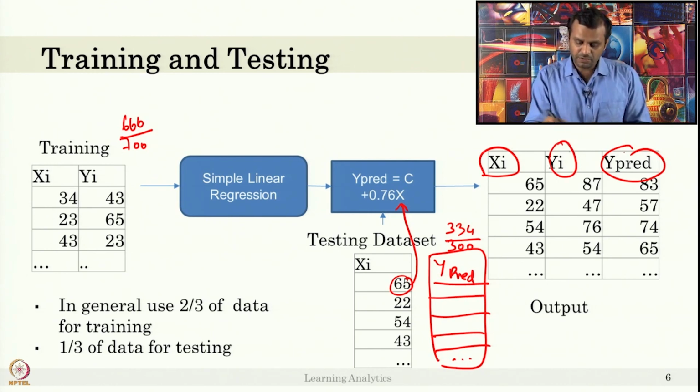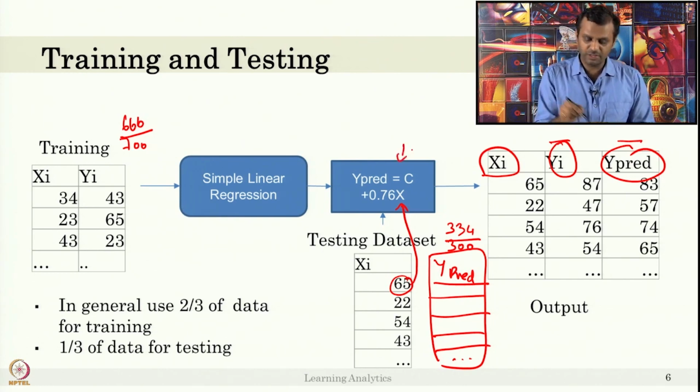This is the predicted value, this is the actual value in the test data set. Now, by comparing these two you can validate the performance of this system. We will discuss that in detail in the next lecture, but I just want to tell you that you will get y predict here, and by comparing y predict and yi you get the validation of the performance of this particular algorithm.